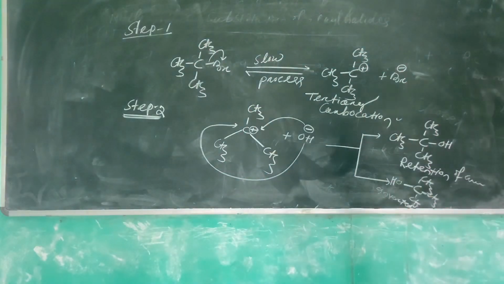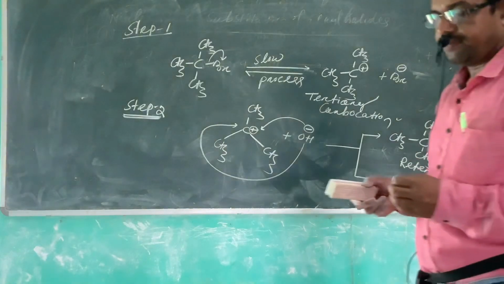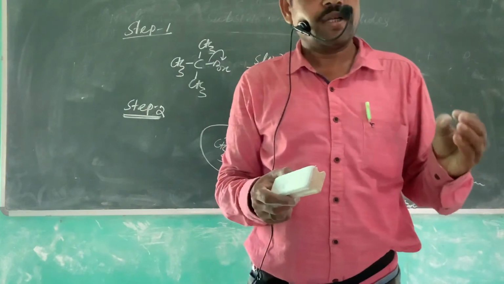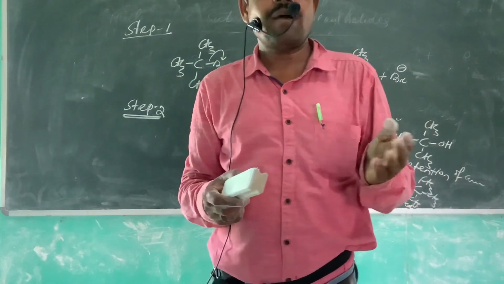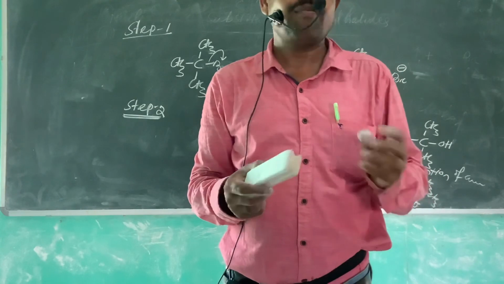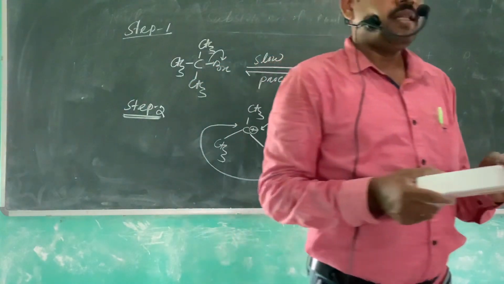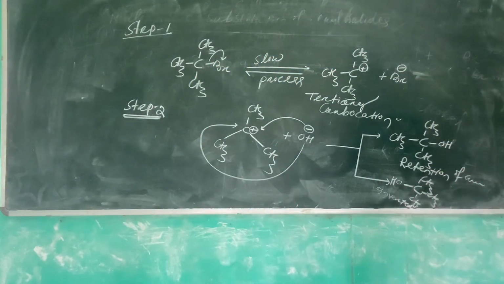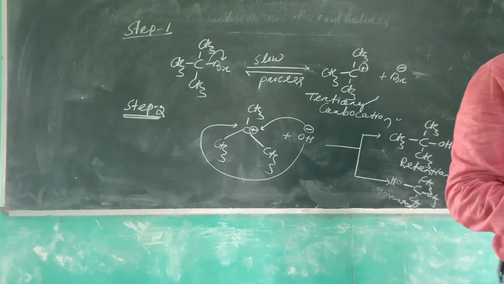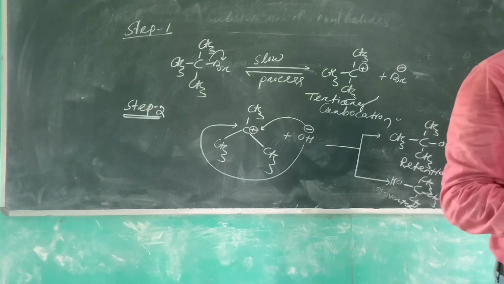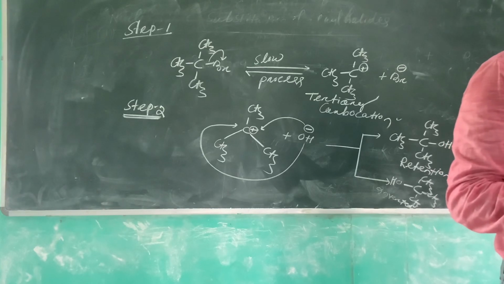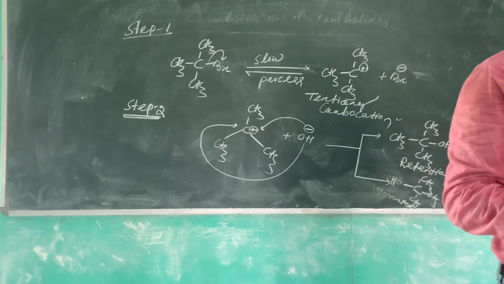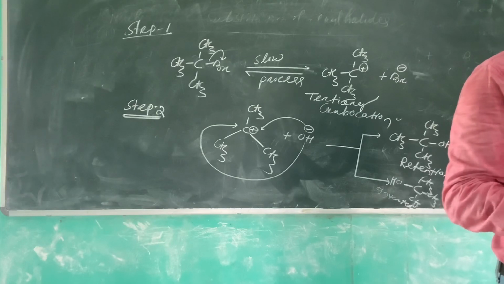When it rotates the light from right to left, it is called the levo form, or L form. If a mixture contains equal amounts of D form and L form, the mixture is optically inactive. It neither rotates the plane polarized light towards left nor towards right. Such a mixture is called a racemic mixture.